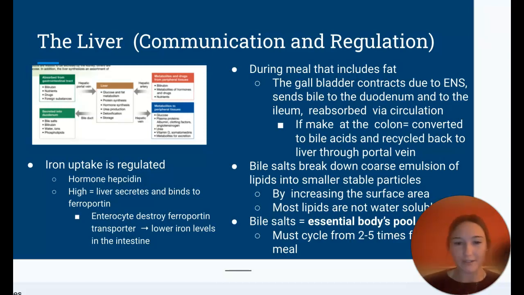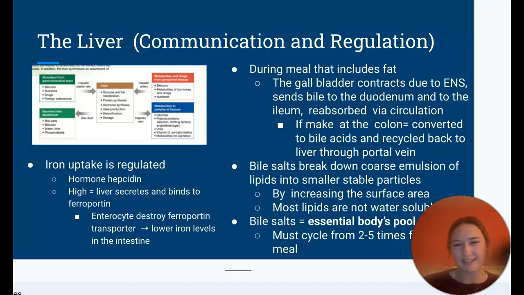The endocrine portion of the liver deals with hormonal control, like we said before in the pancreas. It deals with hormone control of iron. So when there is high iron in the blood, it's detected by the liver, and so the hormone hepcidin gets secreted, and it binds to ferroportin, which is an iron transporter.